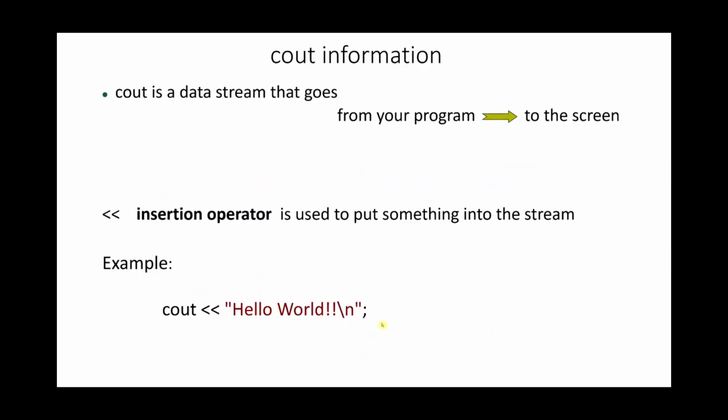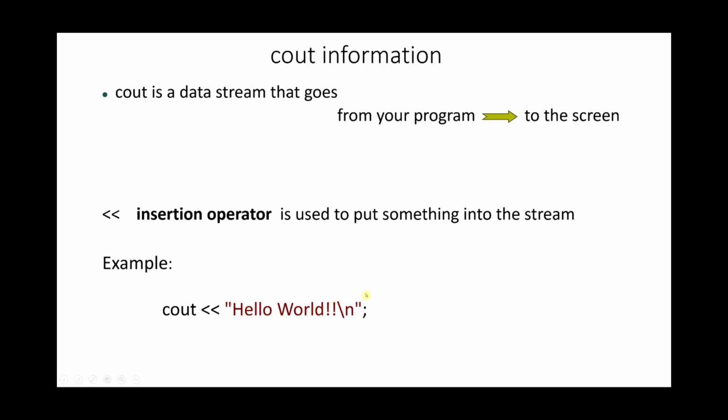Okay, so cout is a data stream that goes from your program to the screen. We use the insertion operator with cout. The insertion operator is putting something into the stream.